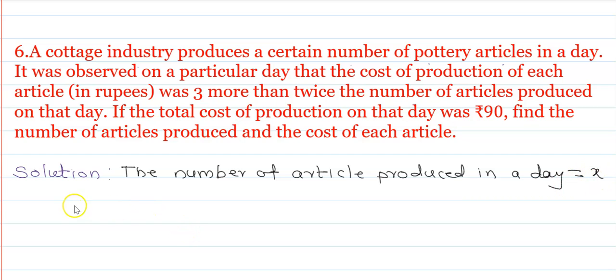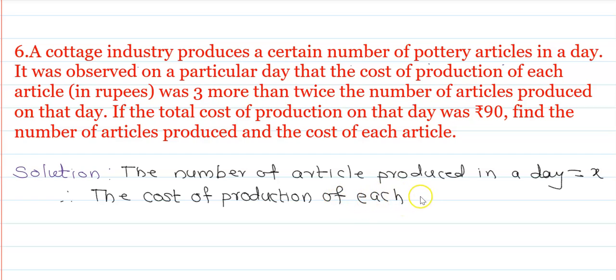Okay, and therefore what is the given? The cost of production of each article is equal to, what is it, it's a cost.